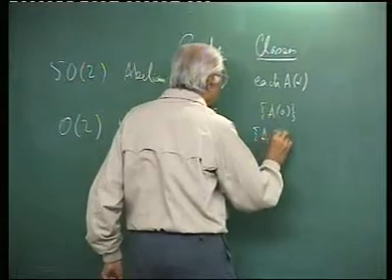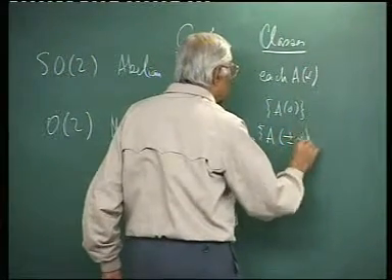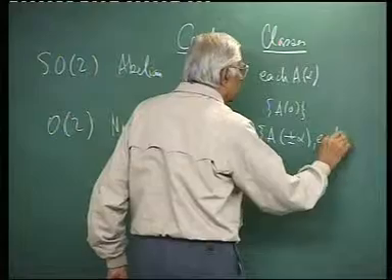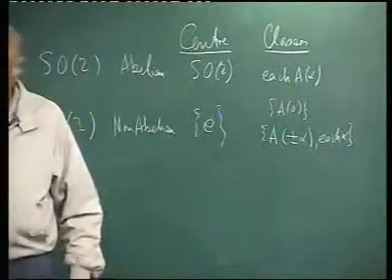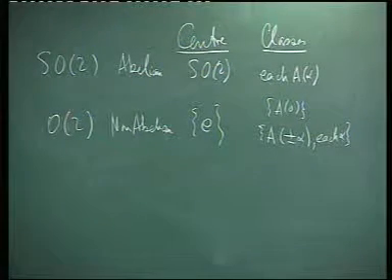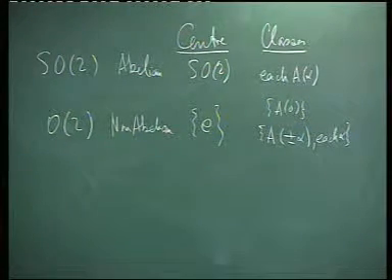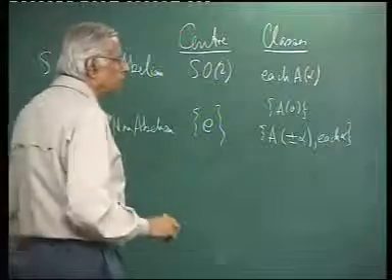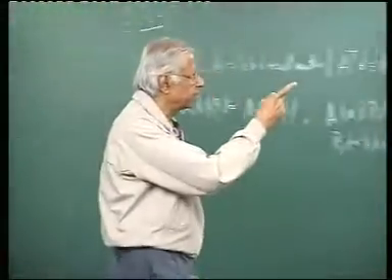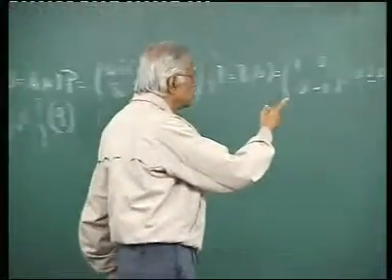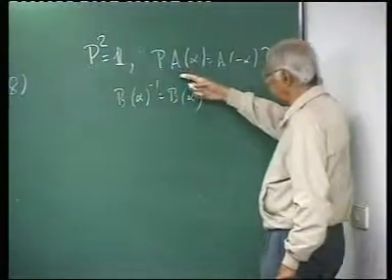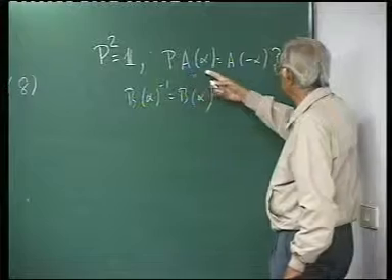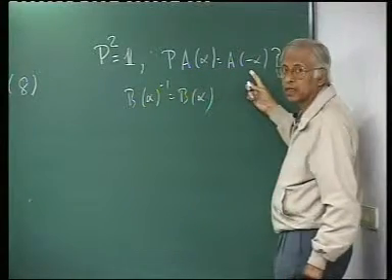Then another is these pairs of proper rotations by amount alpha and minus alpha, namely the inverse. You can see from this relation, P A alpha P inverse is A of minus alpha.